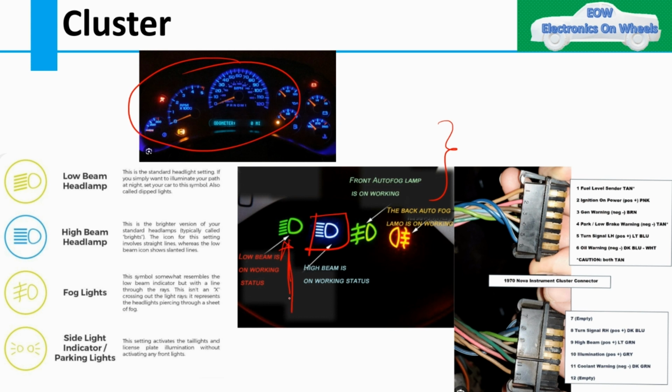If anyone has seen the low beam telltale also in your cluster, please comment in the comment box and let me know, and tell me which car or vehicle you have seen the low beam telltale in. Mostly, and I am telling you mostly, it would be high beam only in most cars or vehicles.